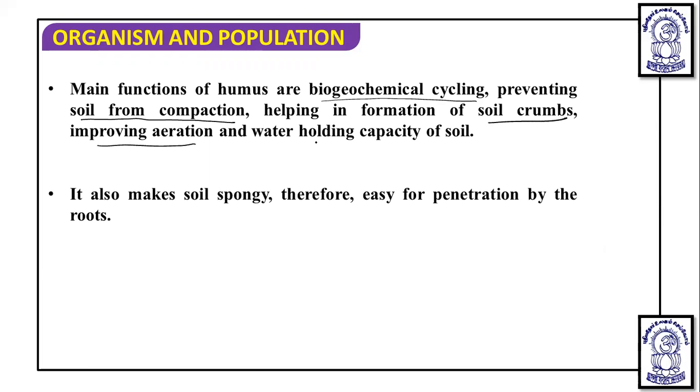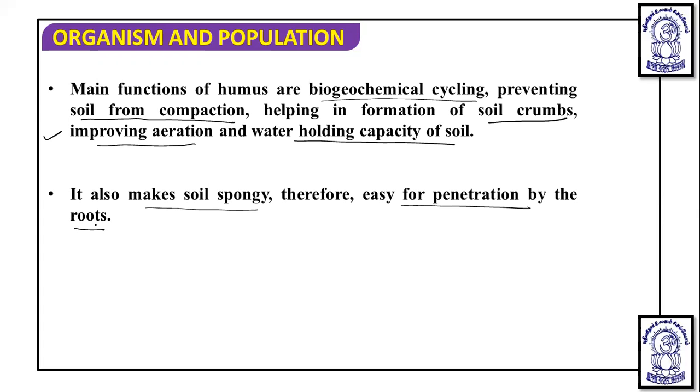It improves aeration and the water holding capacity of soil; remember this as important. Humus also makes soil spongy, so roots can penetrate easily through it. So this is the second step, the addition of humus.